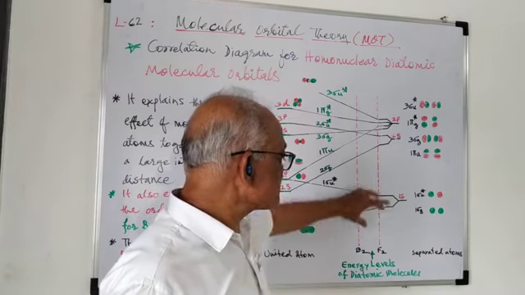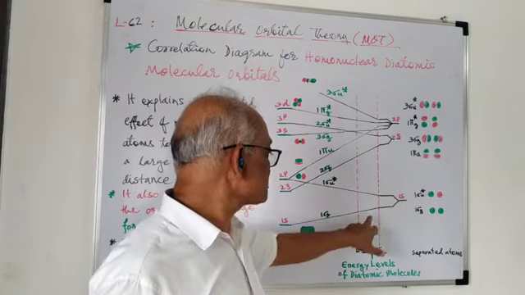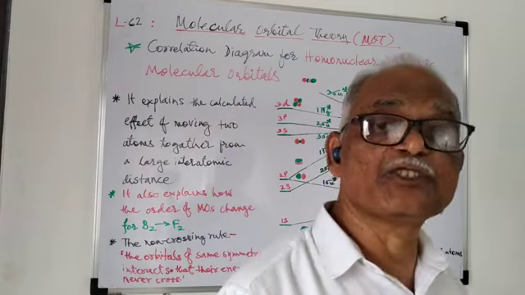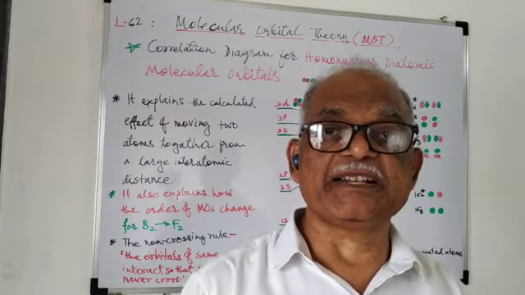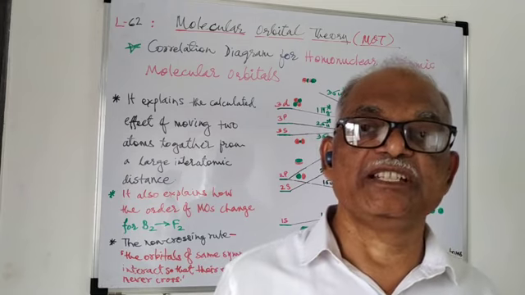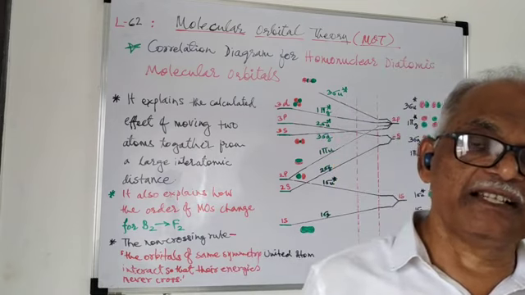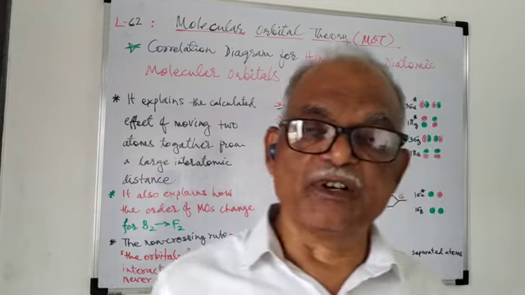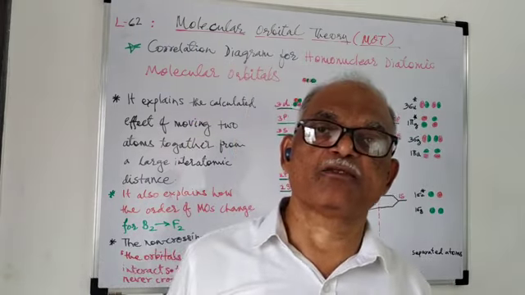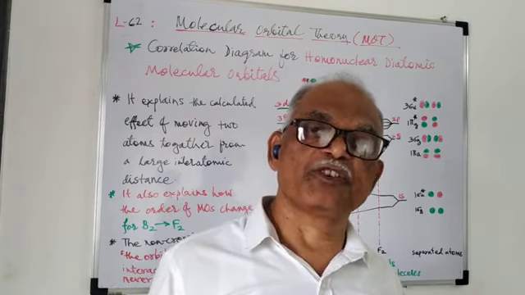When the two atoms reach this particular range of internuclear distance, which is shown for B2 to F2, we observe that the atomic orbitals of identical symmetry and identical energy interact with each other, that is, a linear combination of atomic orbitals, resulting in new molecular orbitals, of which half are of bonding nature and half are of antibonding nature.